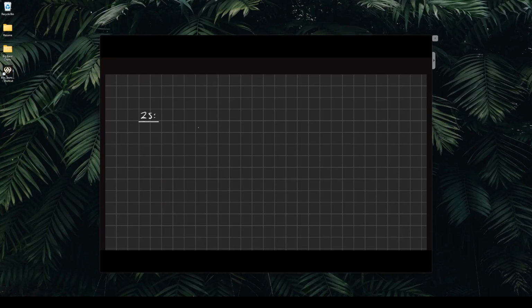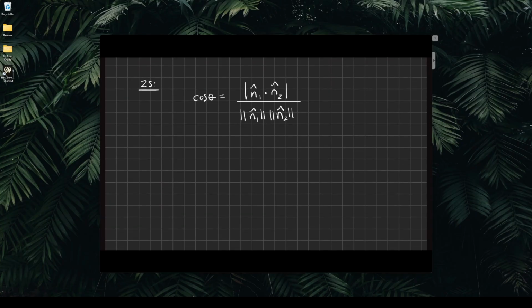So we'd say cosine theta is equal to n1 dotted with n2, and then we divide by the norms of those normal vectors, n1 and n2. Okay, so we're looking at examples 57 through 58 from 12.5 for this problem 25.